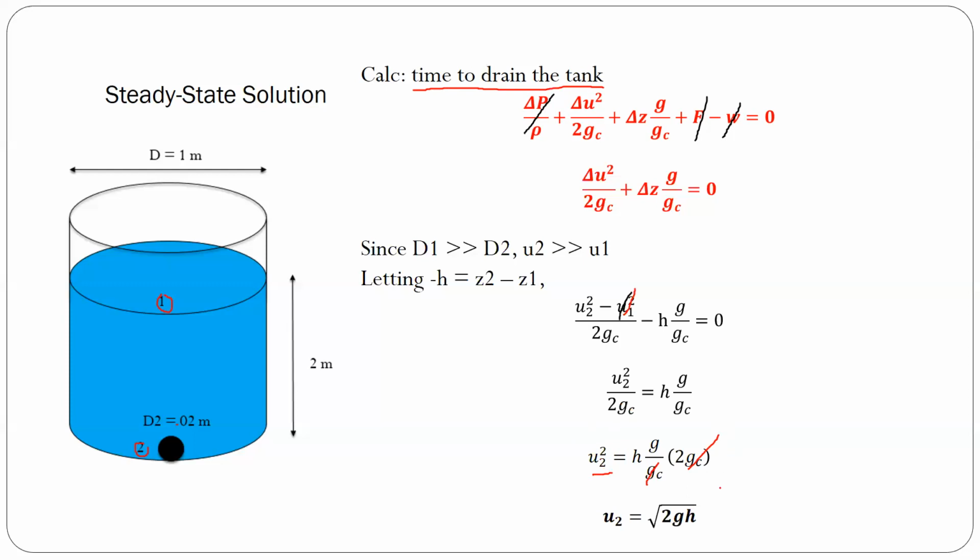So therefore, U2 is equal to square root of 2gh. And this is a useful formula, which we call as Torricelli's theorem. Okay, so basically what that means is that if you have a puncture here, okay, if you want to get the velocity at that point, it's the same as the free fall velocity of your fluid along this column, right? So it's square root of 2gh.